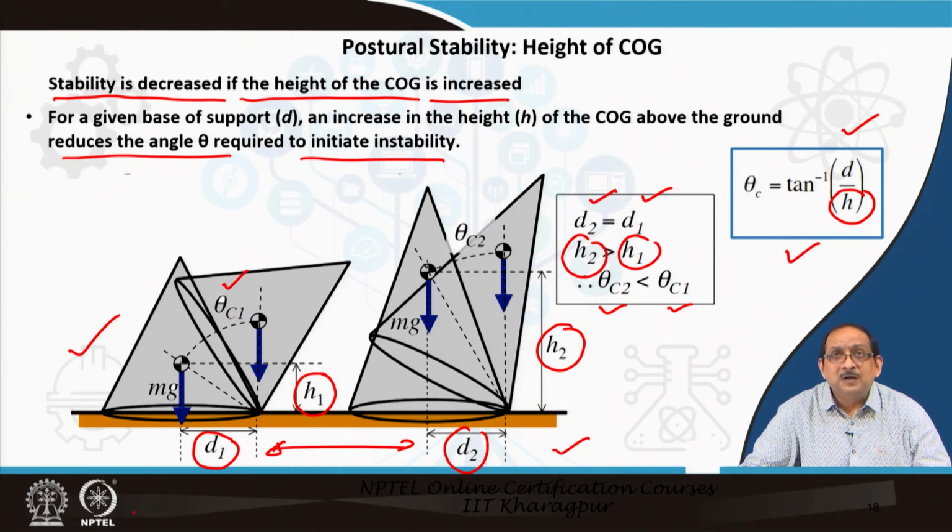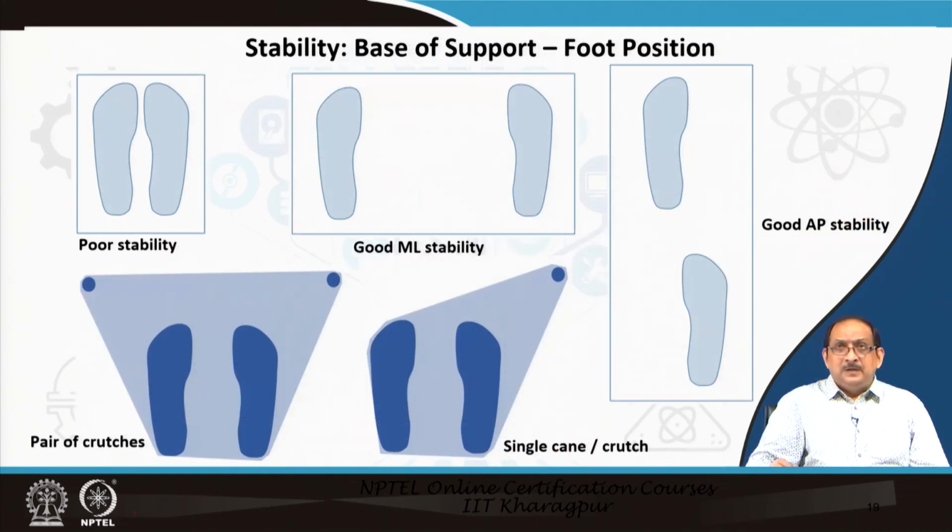Therefore, a smaller angle is necessary to initiate instability when the height of the COG of the body is increased.